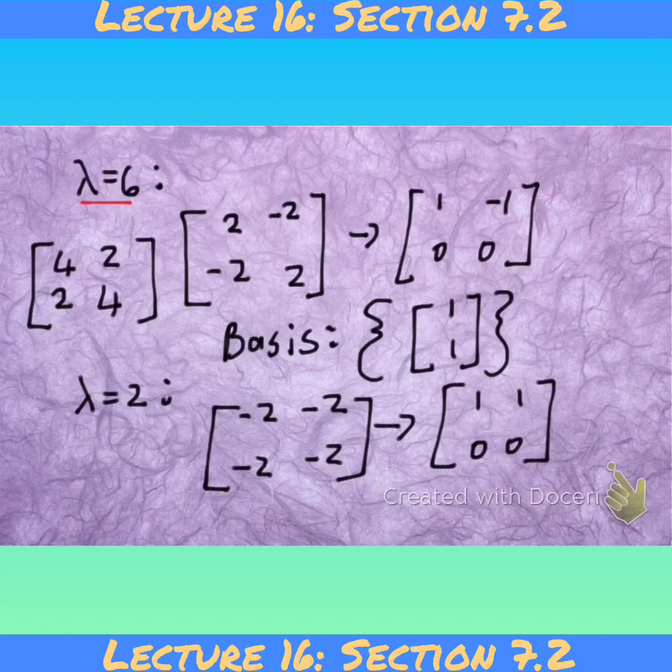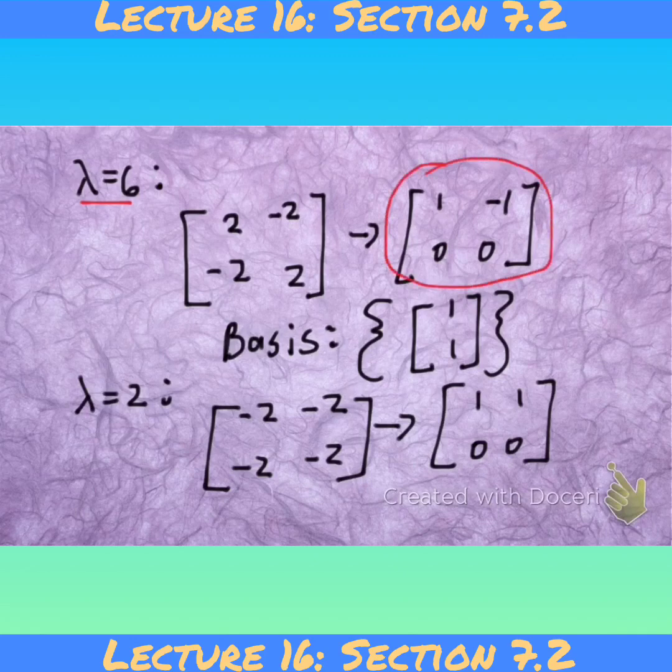Now we need to look at the null space of this matrix. We need to find a basis for the null space. So we can reduce that matrix to get this matrix here.